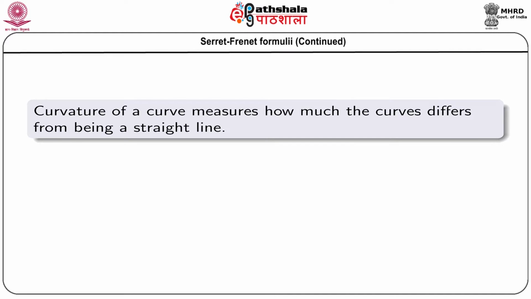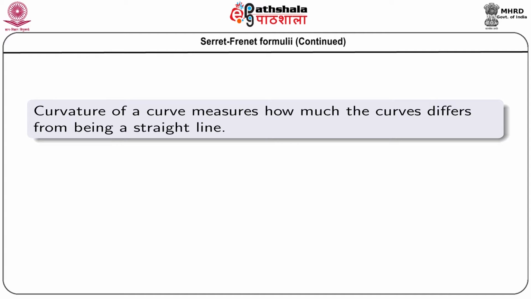So, what is the geometric meaning of the torsion? The torsion of the curve measures how far a curve departs from lying in a plane. That is the geometric significance of torsion.